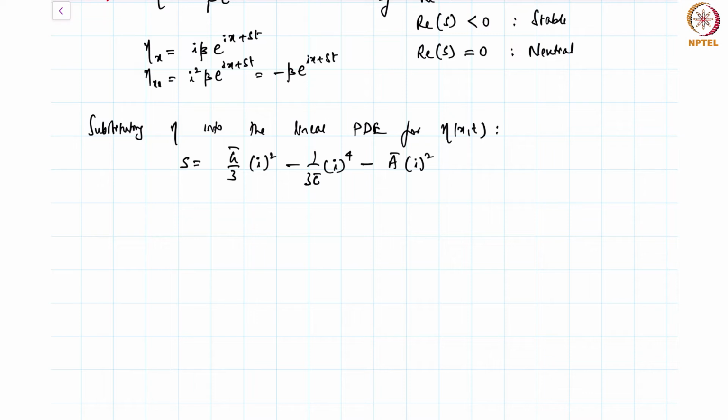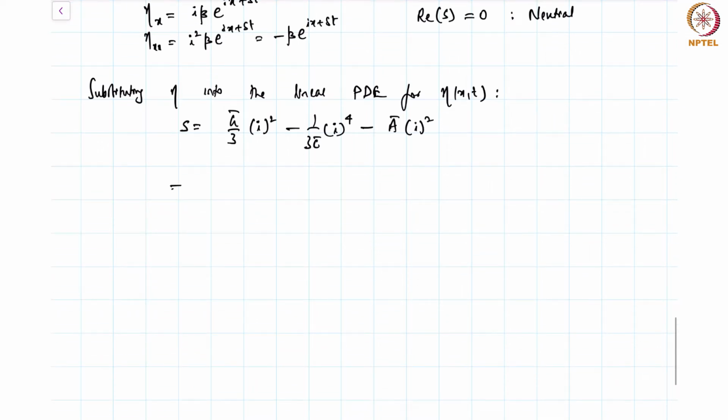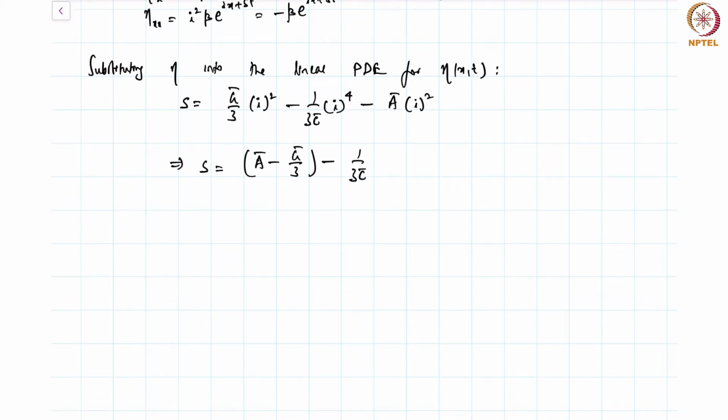The exponential terms on both sides get cancelled out because they can never be 0, and therefore I have a simple relationship. S essentially becomes A bar minus G bar by 3 I square minus 1 by 3 C bar I to the 4.